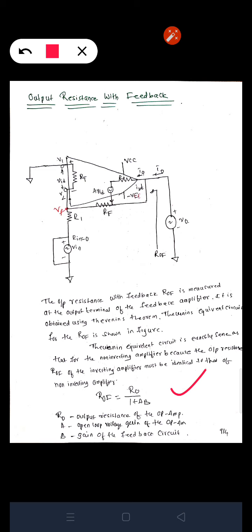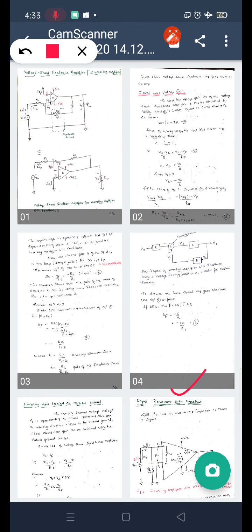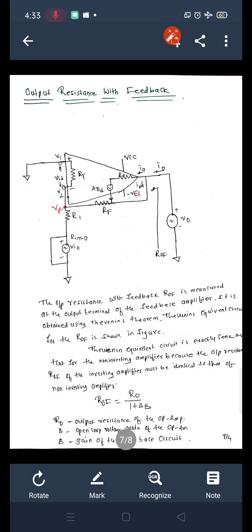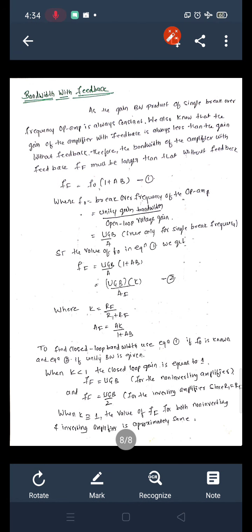Now the next topic is bandwidth with feedback. As you know, the gain bandwidth product of an op amp with a single breakover frequency is always constant.